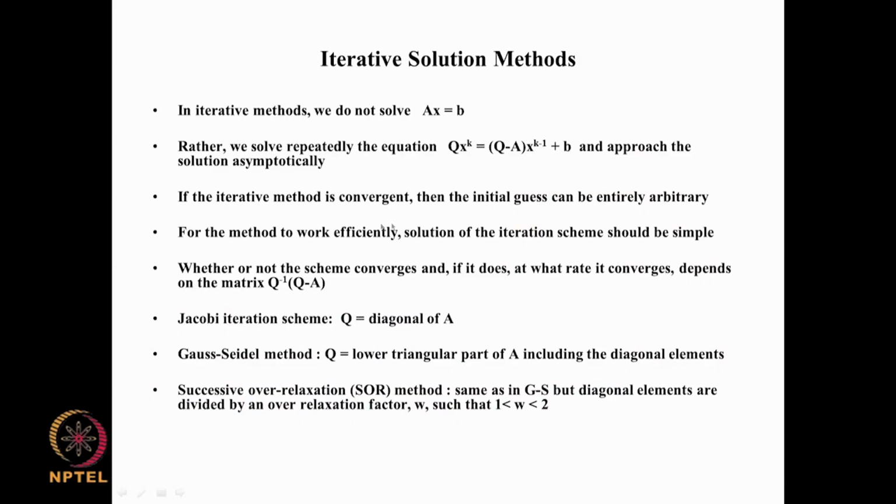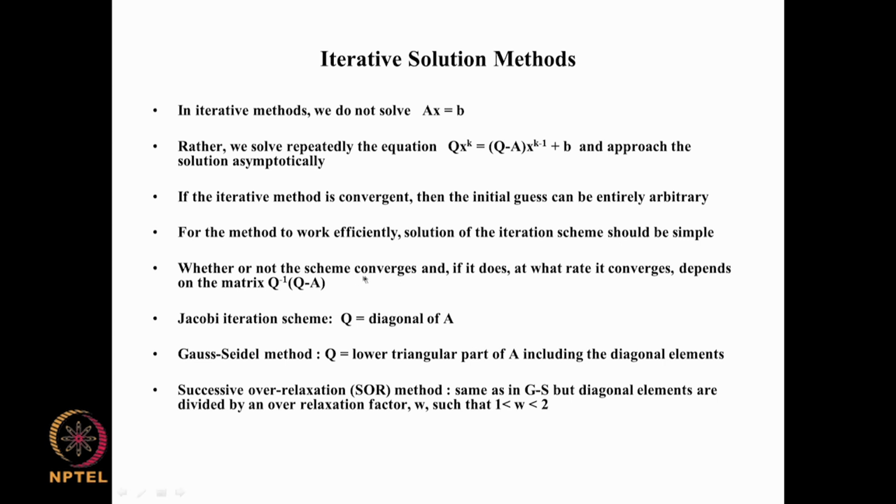If the iterative solution method is convergent, then the initial guess can be entirely arbitrary. You can take any set of values for the initial guess, and then you are guaranteed a converged solution finally. Okay. For the method to work efficiently, the solution of the iteration scheme should be simple. Okay.